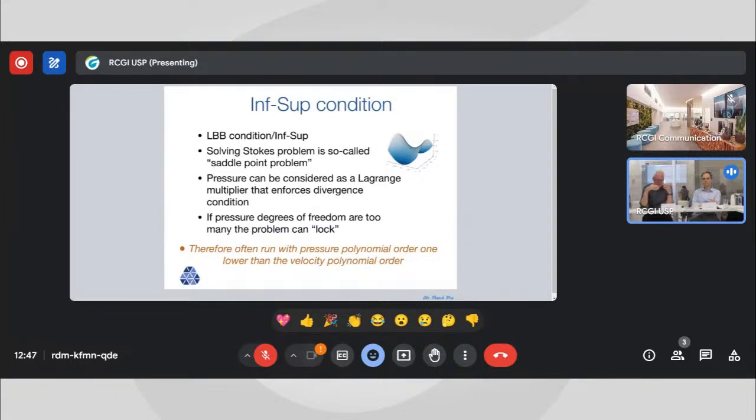So this scheme, for ages we ran it ignoring that. For moderate Reynolds numbers that wasn't a problem. As we pushed it to higher and higher Reynolds number, we have seen this inf-sup or locking type problem. And what we tend to do is run the Poisson system at a slightly lower polynomial order in our case.